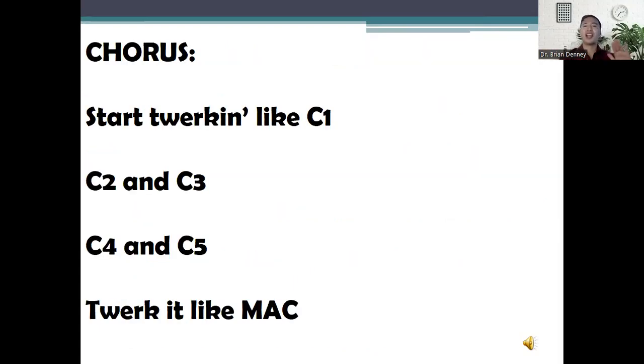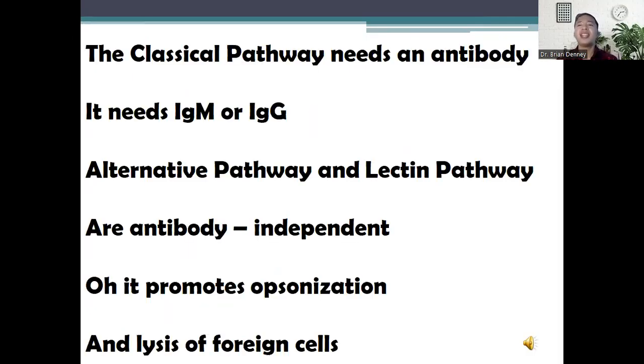Start tweaking like C1, C2 and C3, C4 and C5. The classical pathway needs antibody. It needs IgM or IgG. Alternative pathway and lectin pathway are antibody independent. It promotes opsonization and lysis of pathogen cells.